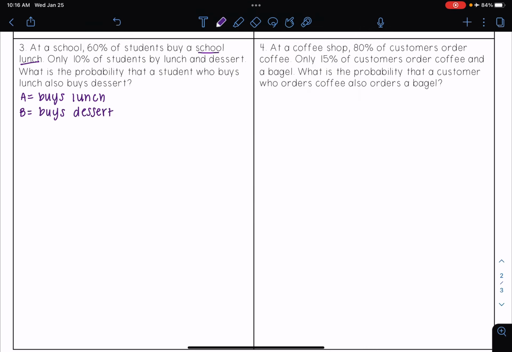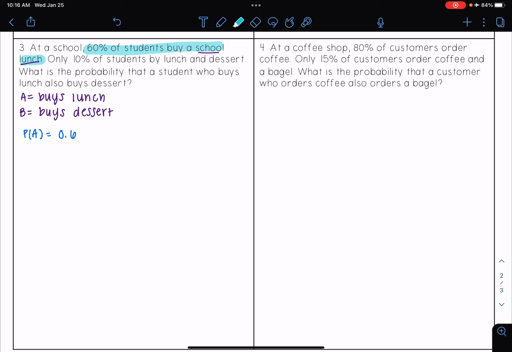We can use that formula because we're already given 2 other probabilities here. I see in this first part that 60% of students buy a school lunch. So that means that the probability of A is 60%, but if I write that in terms of decimals, probability of A is 0.6.